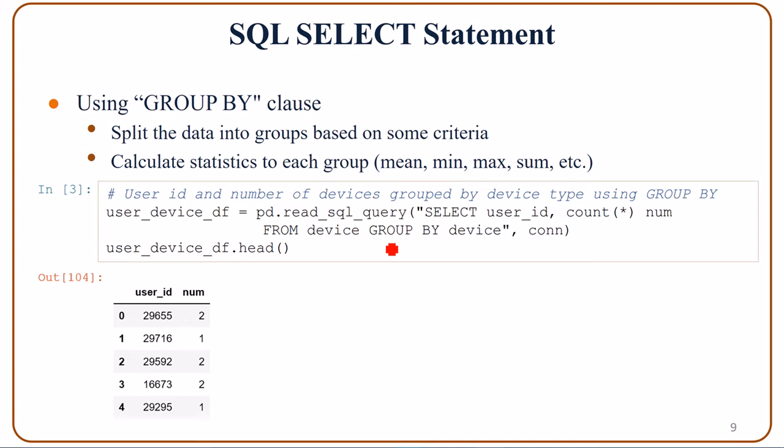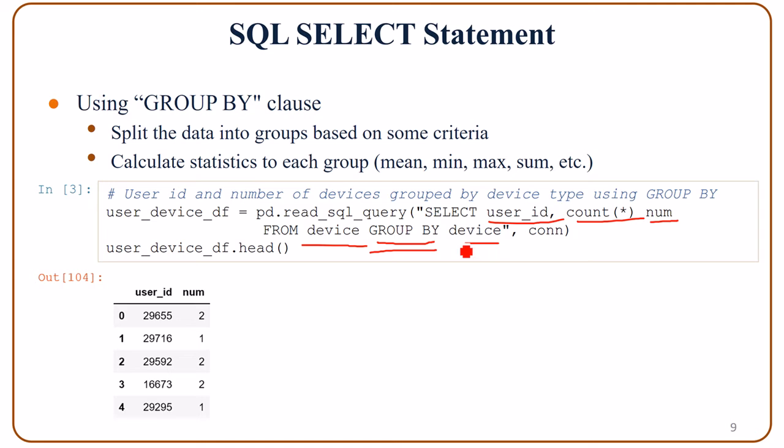You can group by to split data into groups based on some criteria. And in this example, select user ID and count star and give it an alias, namely num, from device group by device.